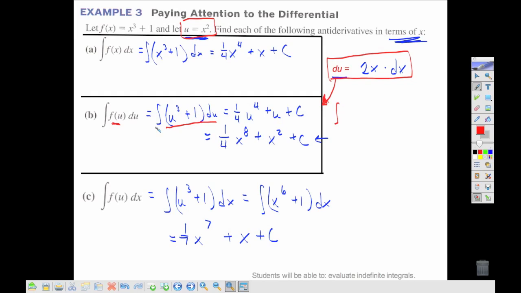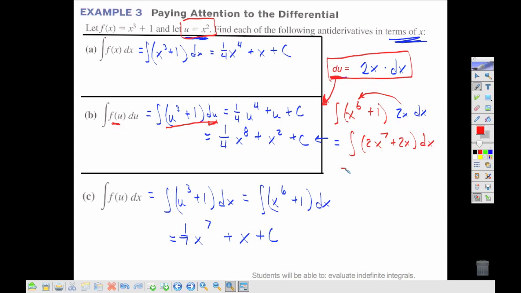So if I start by plugging in x squared for u, that would give me x to the 6th plus 1. But this is du, and I would need to have dx. So to do that substitution for du, I would need to plug in 2x dx. That would make this integral here equal to, if I go ahead and multiply that 2x in here, 2x to the 7th plus 2x dx.